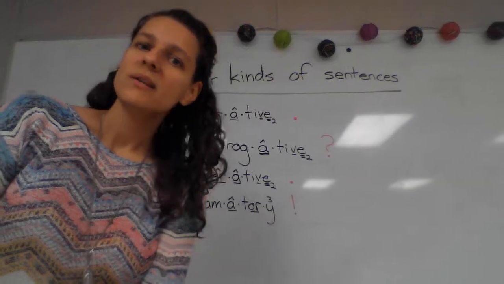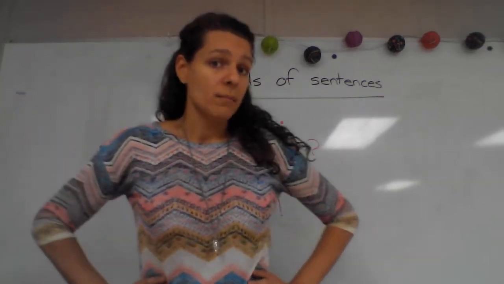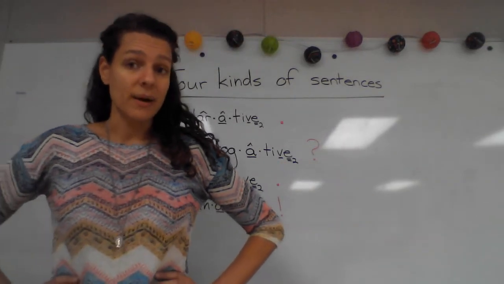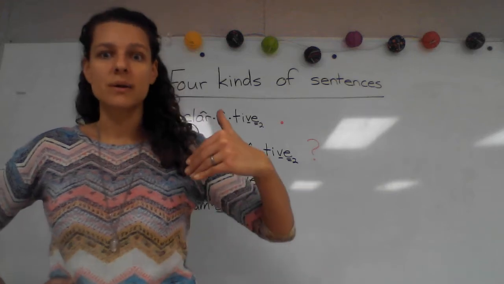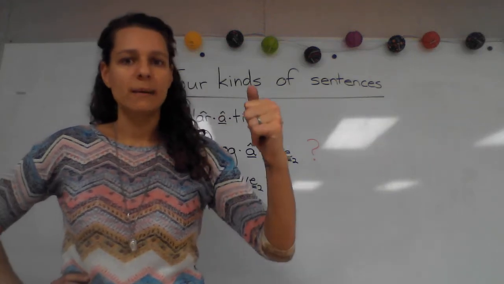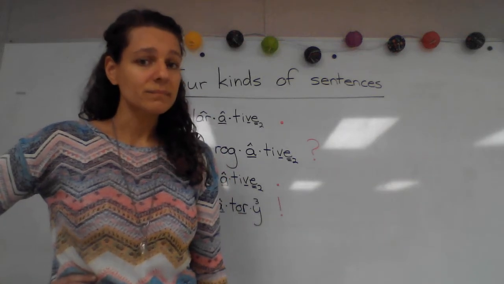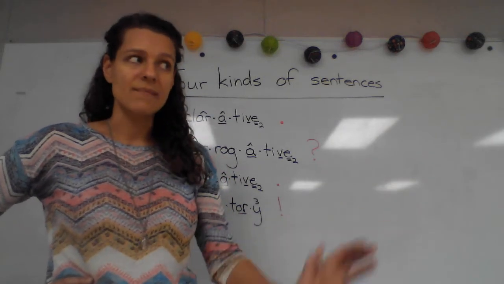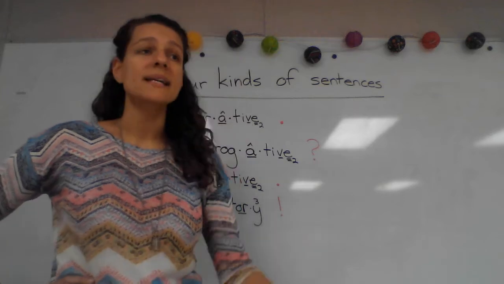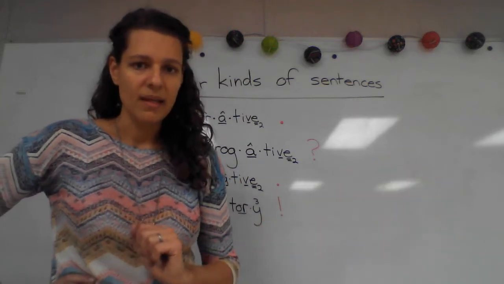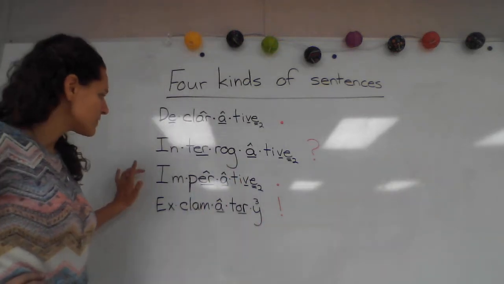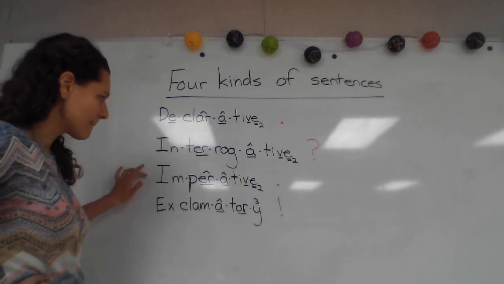Let's say, for example, maybe your mom or dad is telling you to pick up your toys, right? Because it's time to go to bed and they want you to clean up your toys. And they say, please pick up your toys. And then the next time, 5 minutes later, when you haven't done it, they say, pick up your toys. All right, so far, those have been imperative sentences.